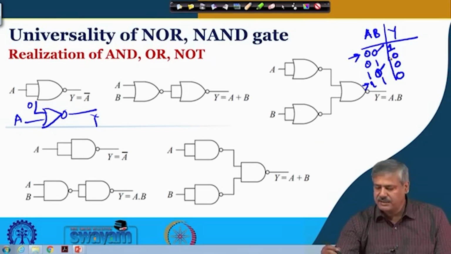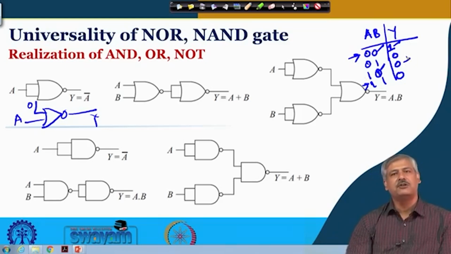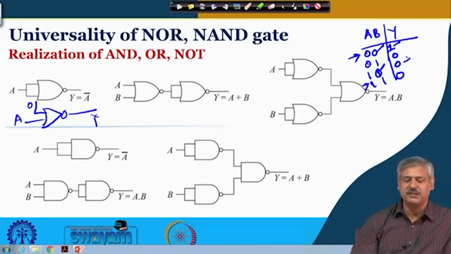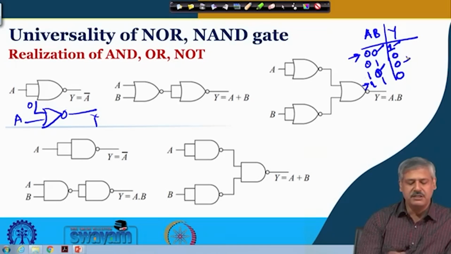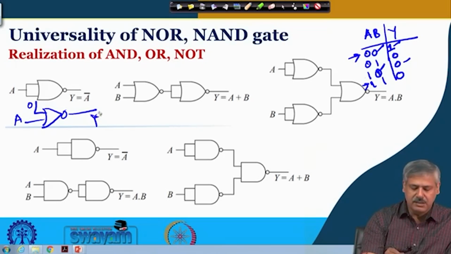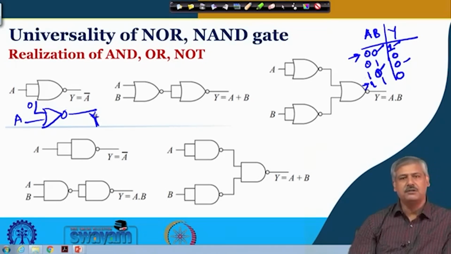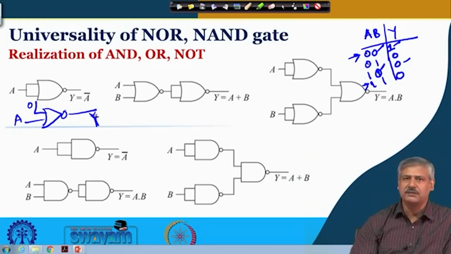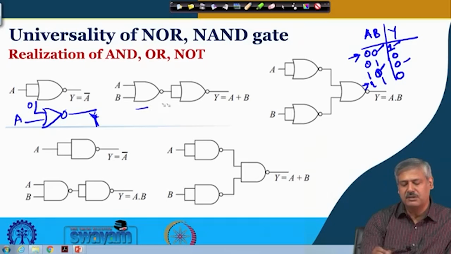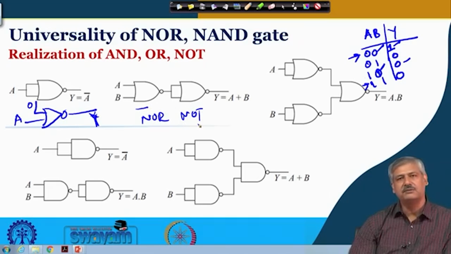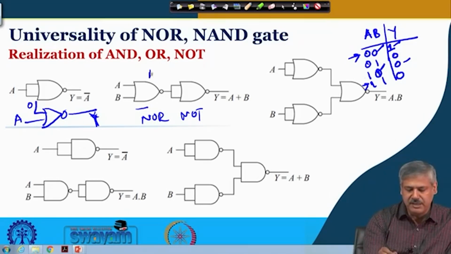If A is 0, output is 1; if A is 1, output is 0. So that is also giving you an inversion, right. Those are the two ways you can get a NOT operation from a two-input NOR gate. And how can you get the OR operation? A NOR followed by a NOT gives you the OR operation, just the inversion of A plus B bar.